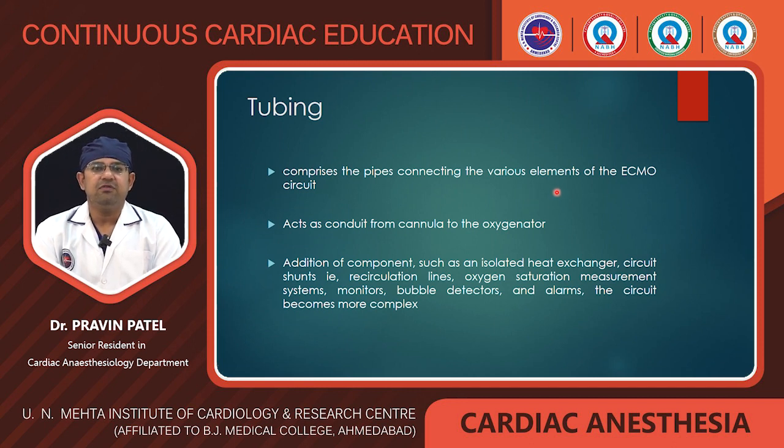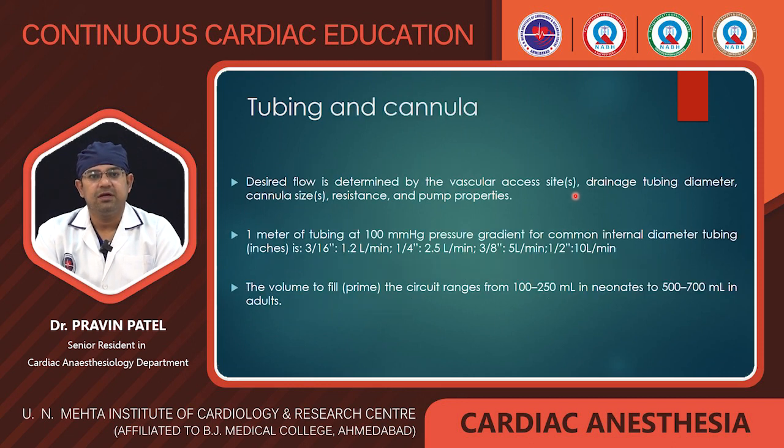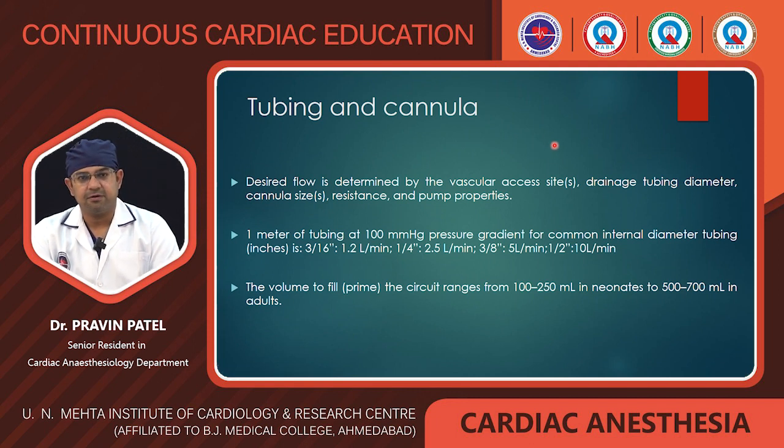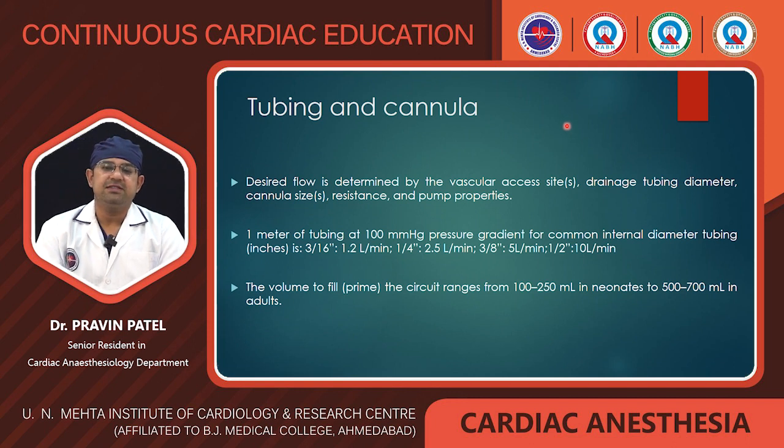With any addition of components such as an isolated heat exchanger, circuit shunts like the recirculation line, oxygen saturation monitors, bubble detectors and alarms, the circuit becomes more complex. Again, desired flow is determined by the vascular access sites, drainage tubing diameter, cannula size, resistance and the pump properties. Depending upon the size of the cannula and tubings, you decide the flow rate.